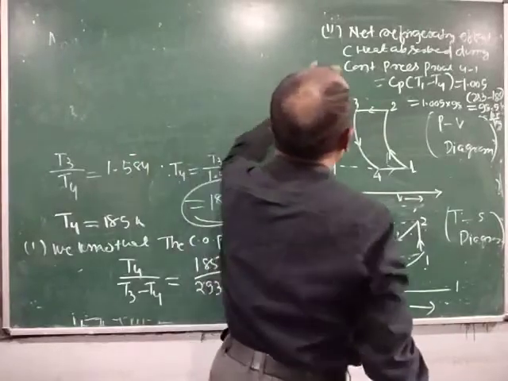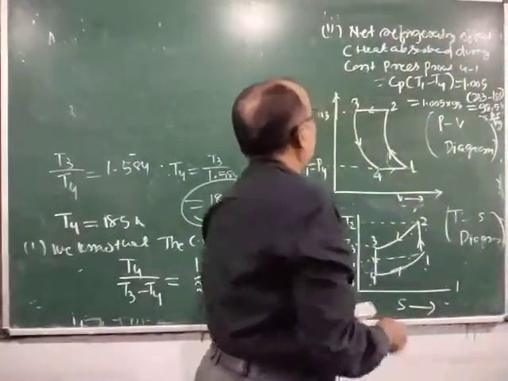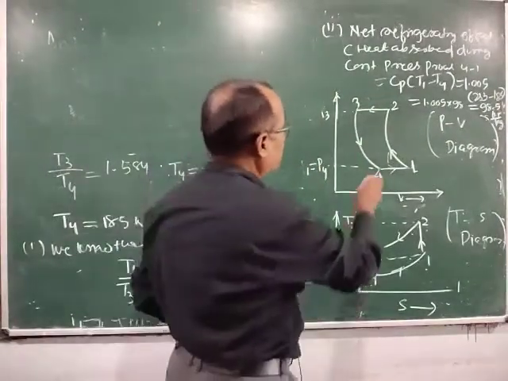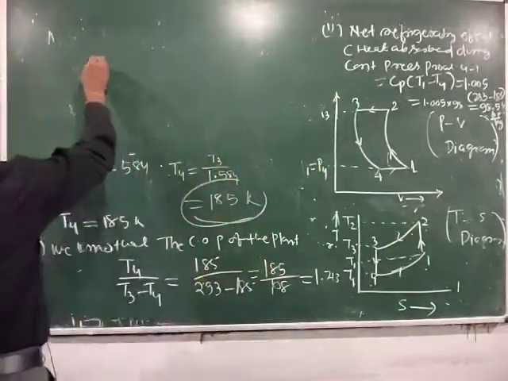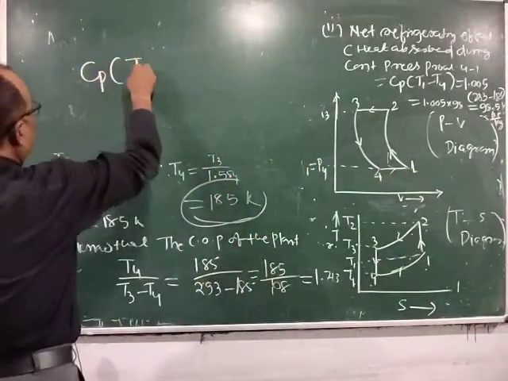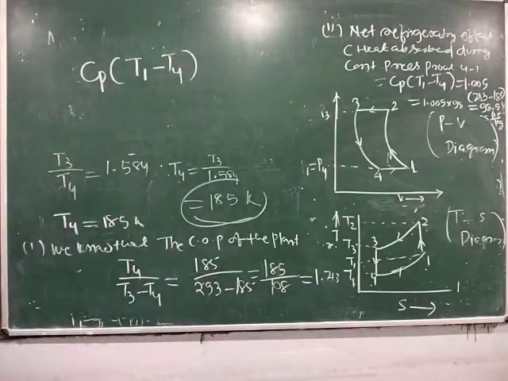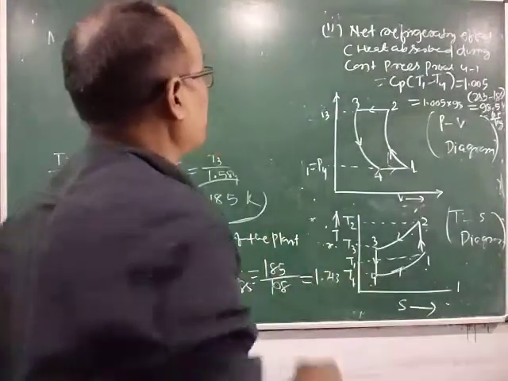What is bit 2? Net refrigerating effect, that is, heat absorbed during constant pressure process 4-1, is equal to Cp (T1 minus T4). It is the net refrigerating effect.